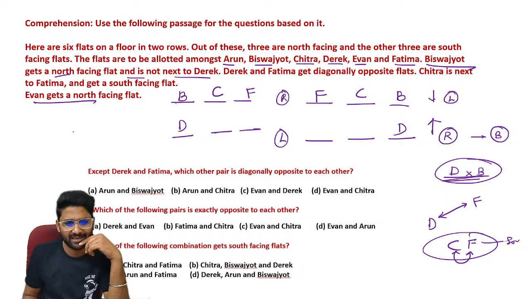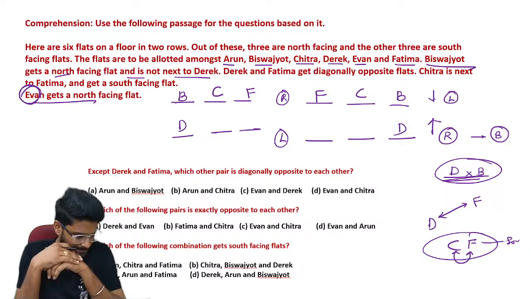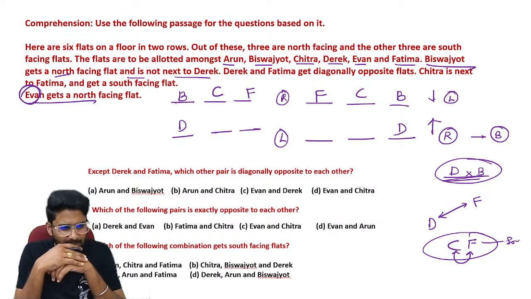And E got north facing. So E north facing, C, F. Okay, done. D and F done.